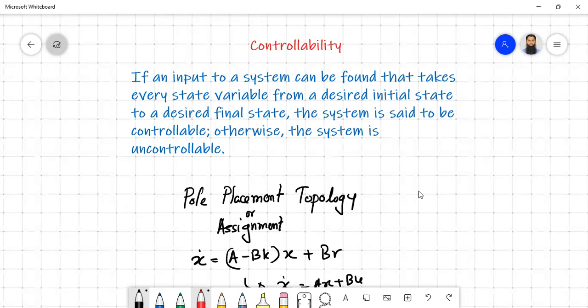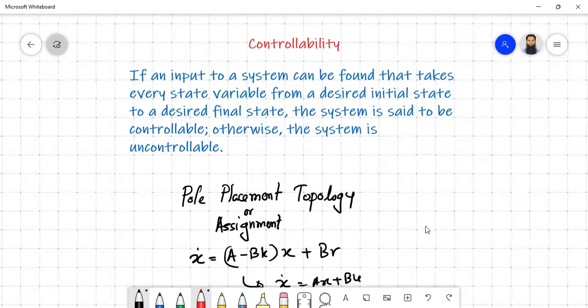The definition says that if an input U can be found for a system that takes every state variable X from a desired initial state to a desired final state, then the system is controllable. In essence, we have to place the poles wherever we want in the S-plane.